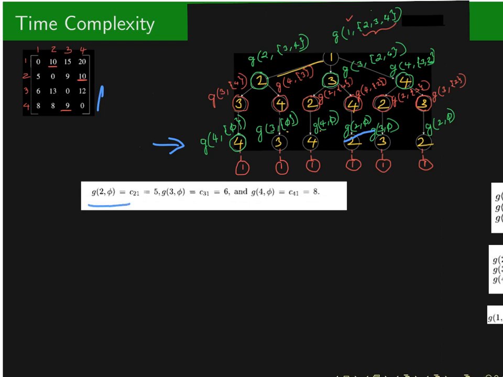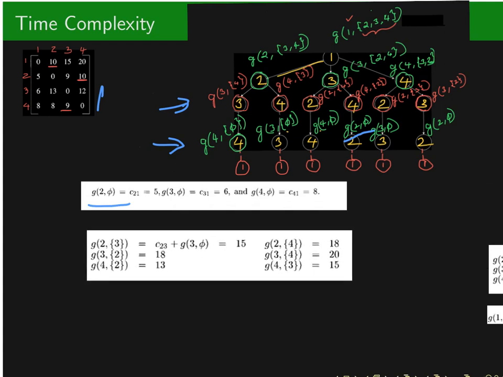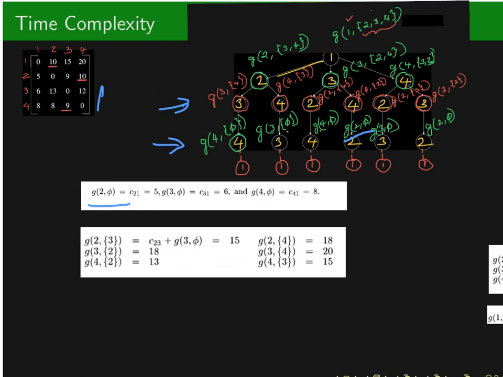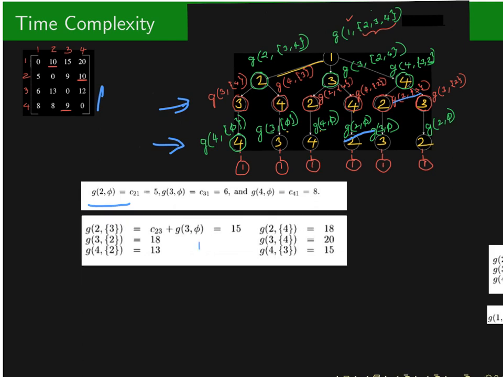The min cost definitions of the second last level are as shown here. For example, G23 can be calculated as C23 plus G3,5. Note that we are using the min costs calculated in the previous level here. Now the recursive definitions for this level can be calculated as shown here.